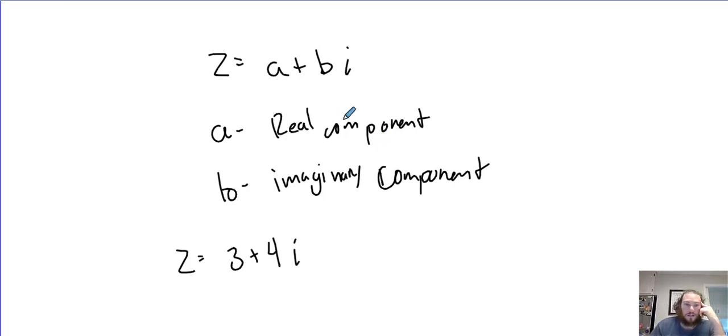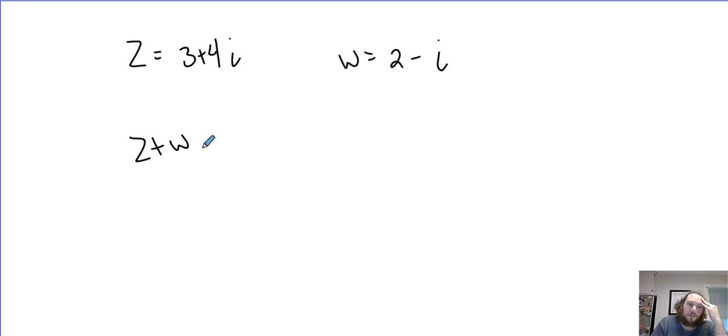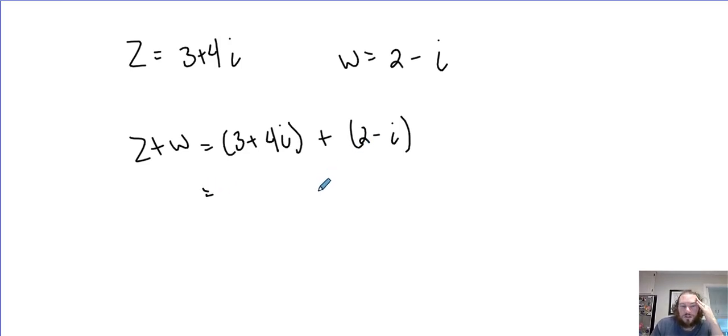And we can add and subtract. We can do operations with complex numbers in much the same way that we would do operations with variables. So, for example, if I had complex number z equals 3 + 4i, like the one we had in the previous example, and complex number w is 2 - i, then I could do z + w by doing 3 + 4i + 2 - i, and then we would just add our real and imaginary components individually.